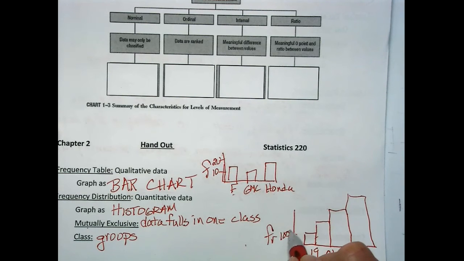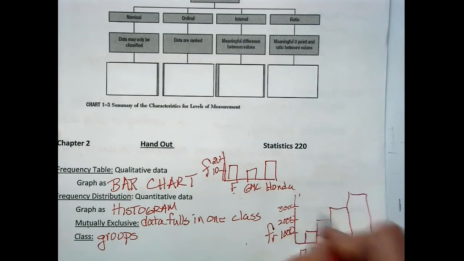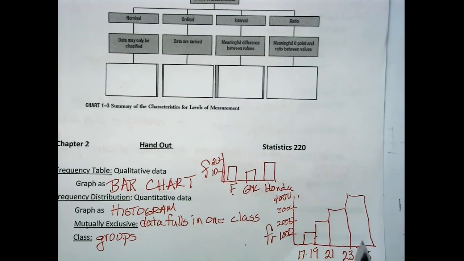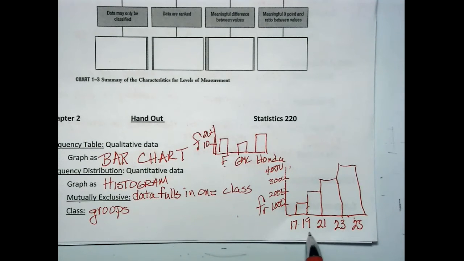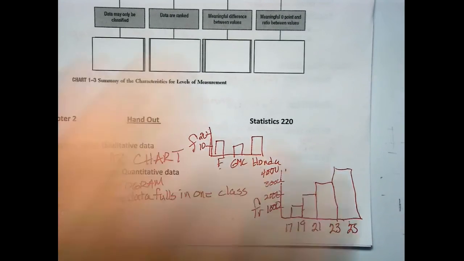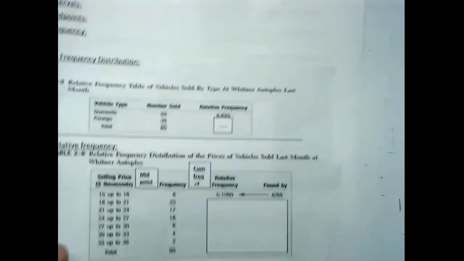This might be 1,000, 2,000, 3,000, 4,000. Histogram. The bars touch. It's a numerical, it's quantitative data on the horizontal axis. You can look at my other video for more information on histogram.